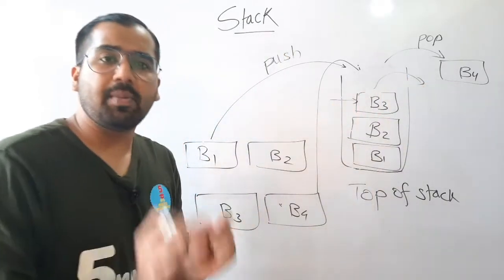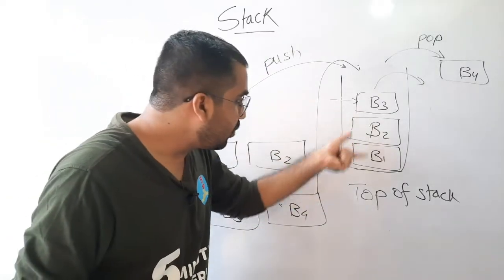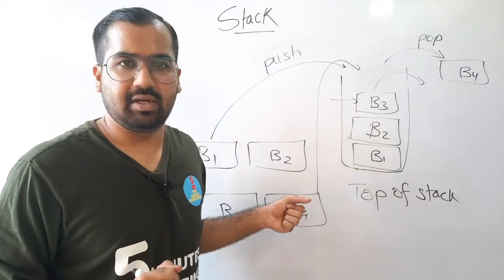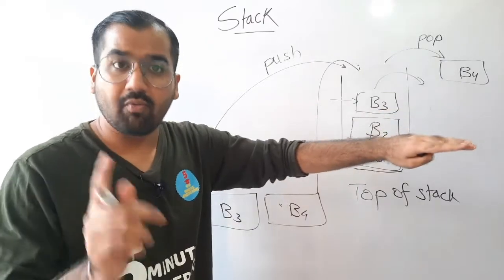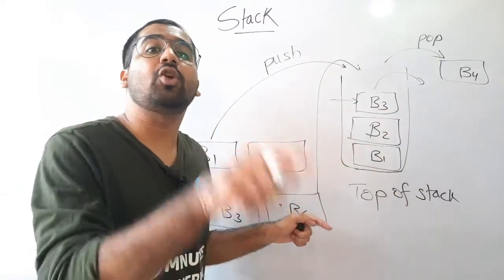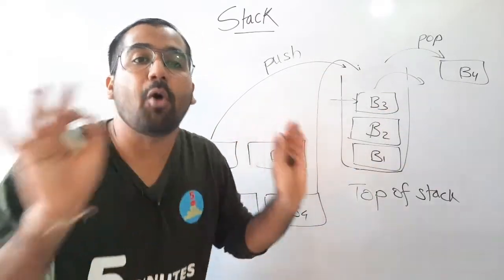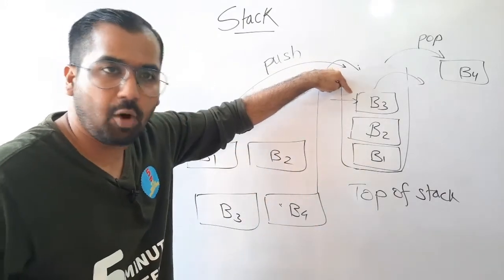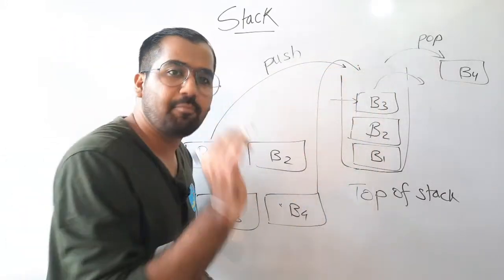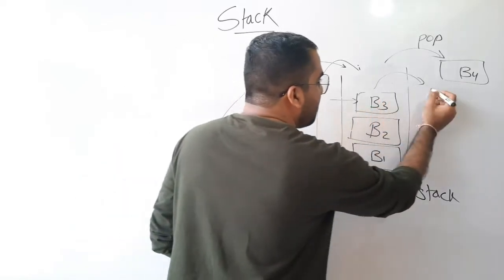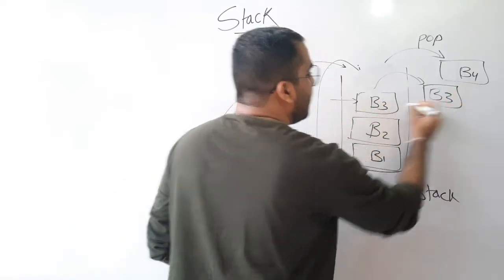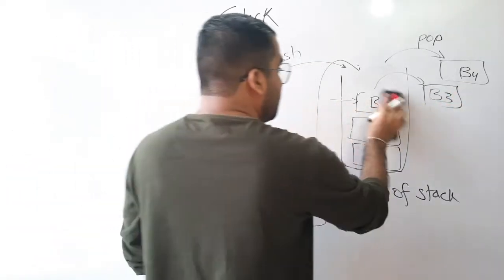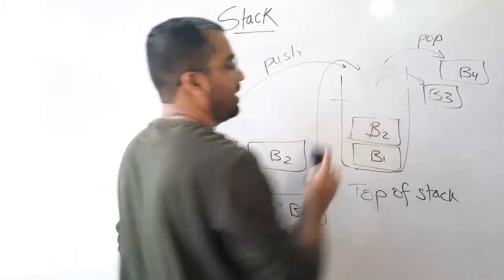When I perform a pop operation, B2 and B1 are not going to be impacted. They will not go out of the stack. No. Why? Because they are not on the top of the stack. So they will not be popped. The only element which will be popped for that pop operation will be B3, and B3 will be going outside, and you won't see B3 anymore in the stack itself.